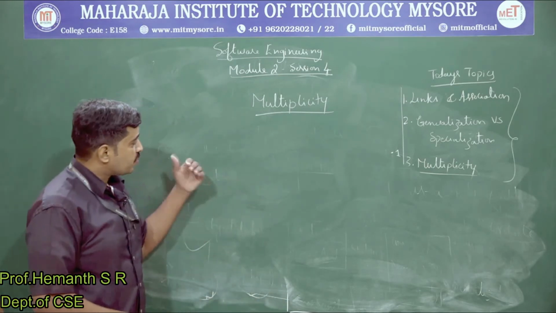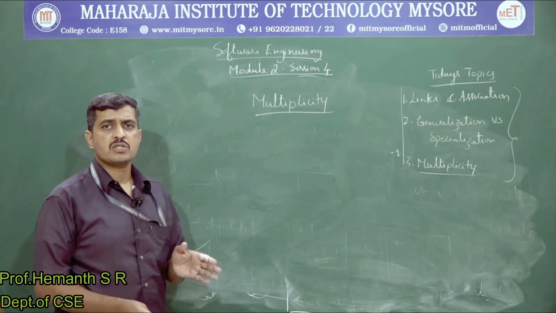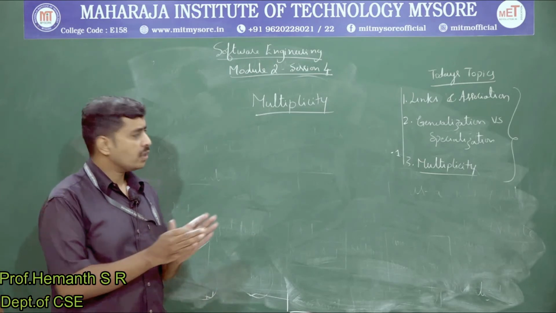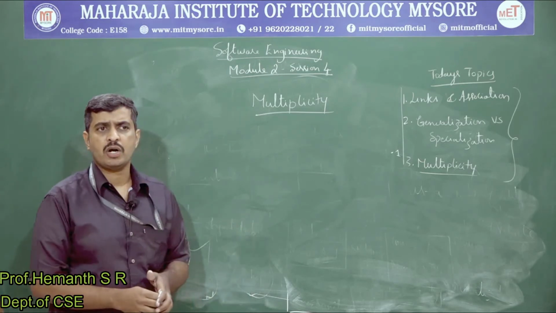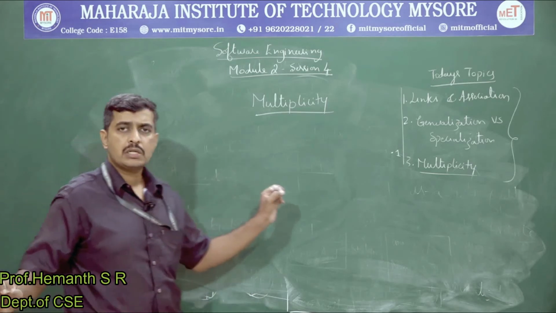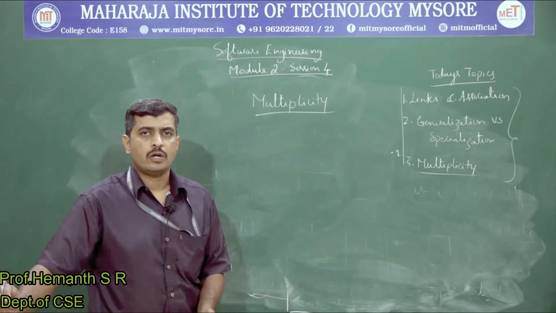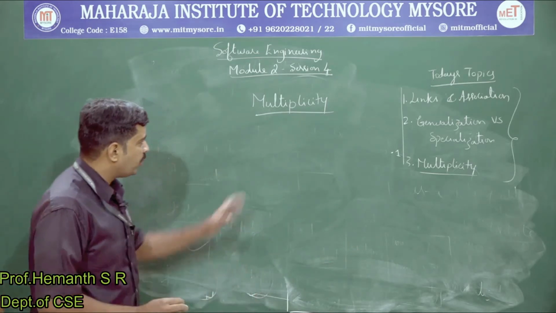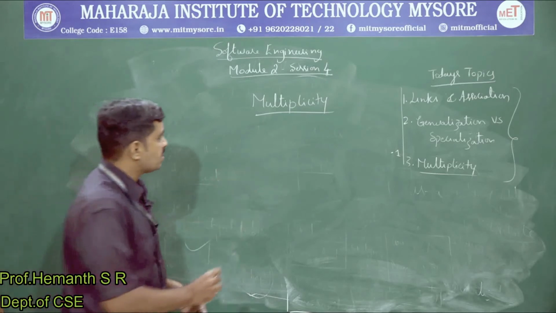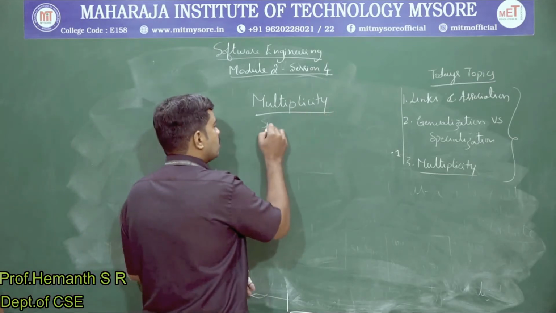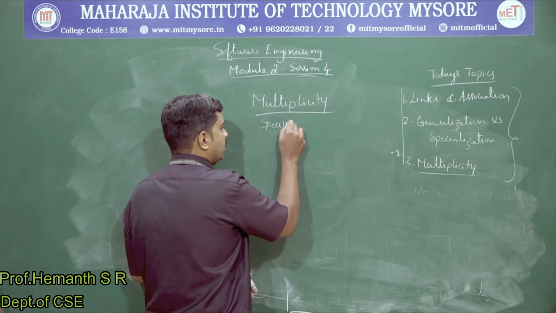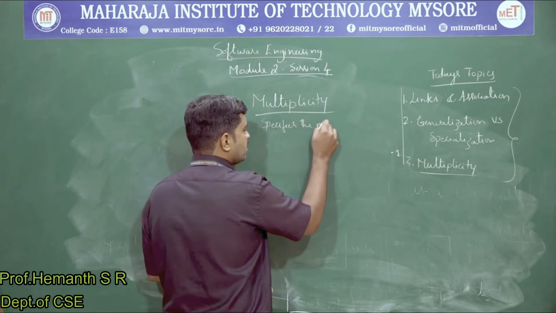Multiplicity specifies how many instances of a class are related to a different class, or how many instances of an object are related to other objects. To be more specific, it is the number of instances.